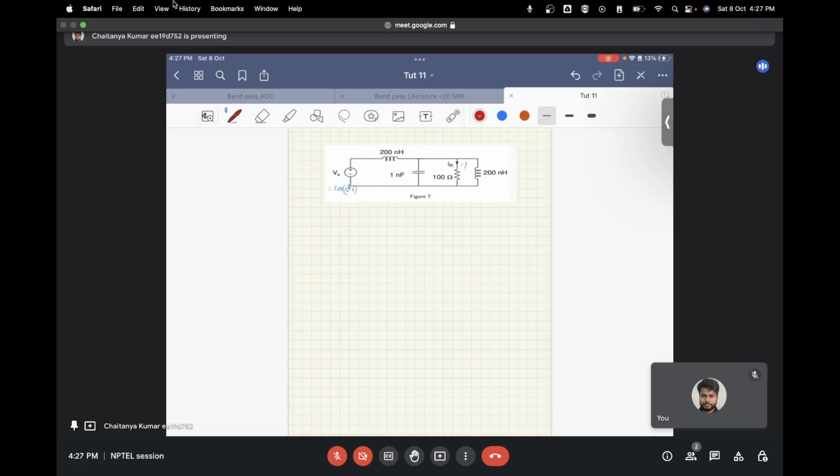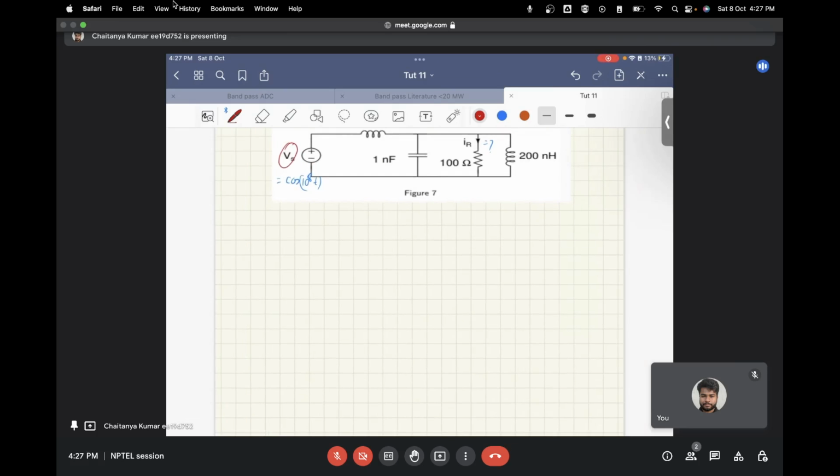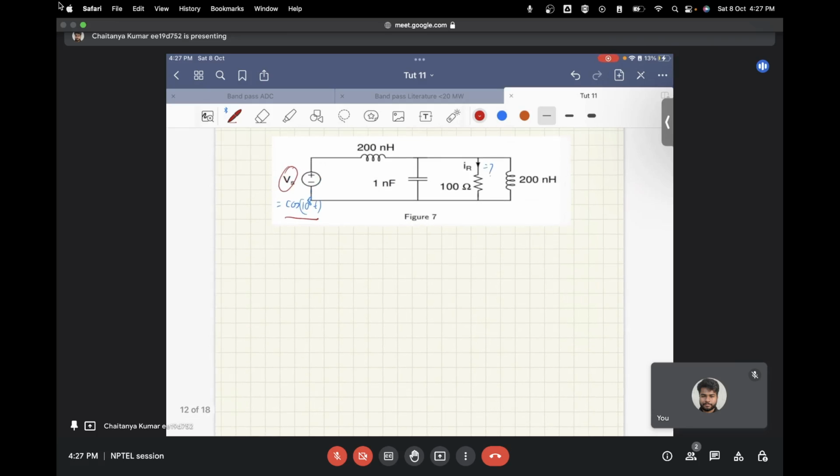Now, in this question, we are given a network, and you are given that Vs is of the form cos omega naught t, and you need to find out the steady state value of IR, IR in steady state.